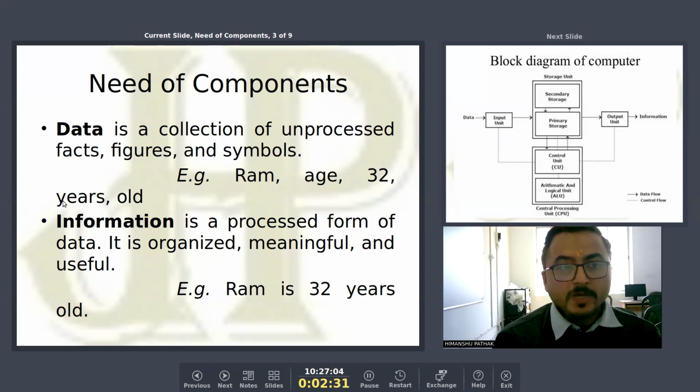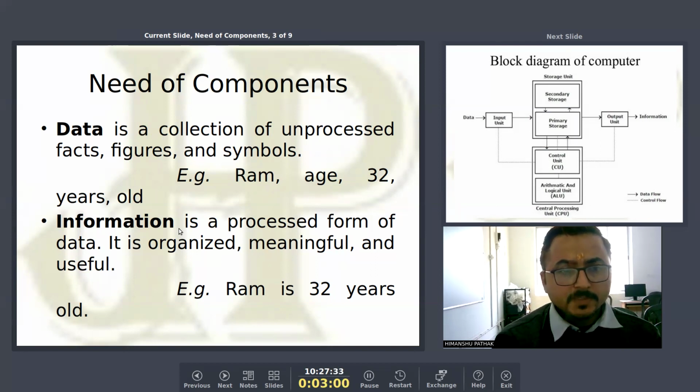We have to be very clear about what is data and what is information. If anybody asks what is data, we can say that data is raw facts and figures that have some meaning. And information is processed data that came from the computer.